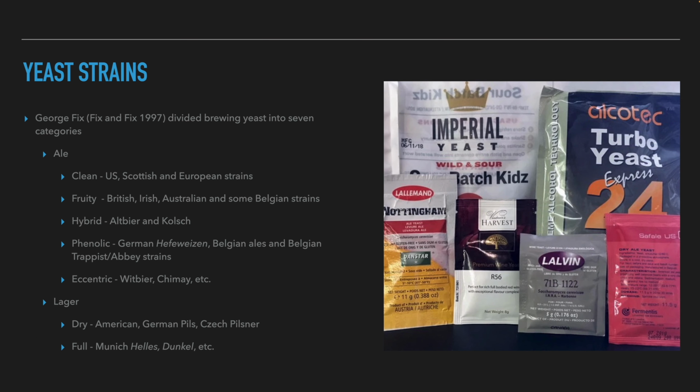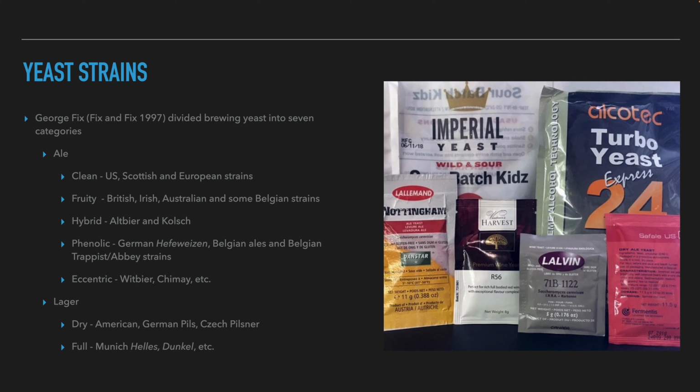In a 1997 article, George Fix divided brewer's yeast strains into 7 categories. Ale has 5 categories. The first are clean strains. In this category, you can find the American, Scottish, and European strains. There are also fruity strains, among which you can find the British, Irish, Australian strains, and some of the Belgian strains.